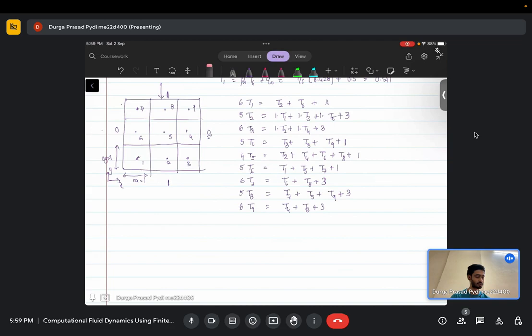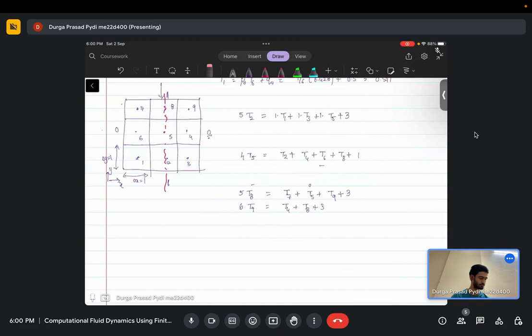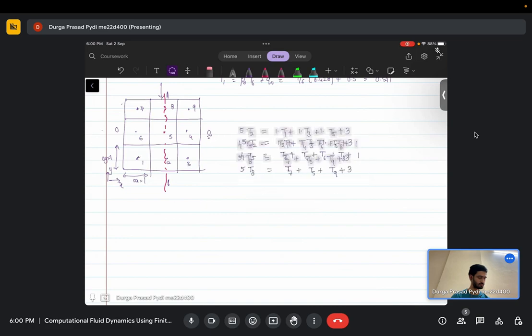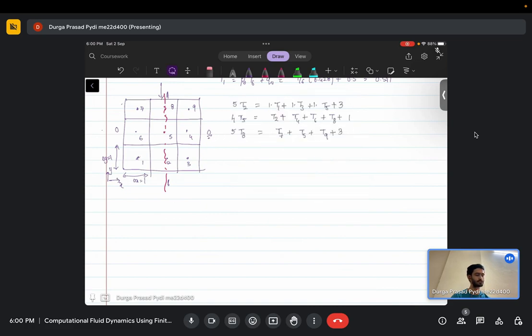I am just taking along this line. In these equations, only the ones lying along that line we will be taking the values.